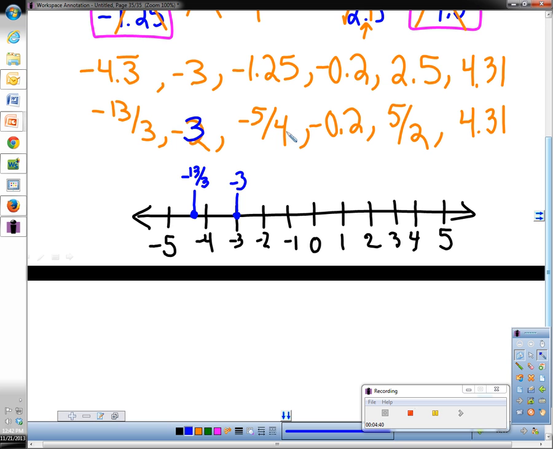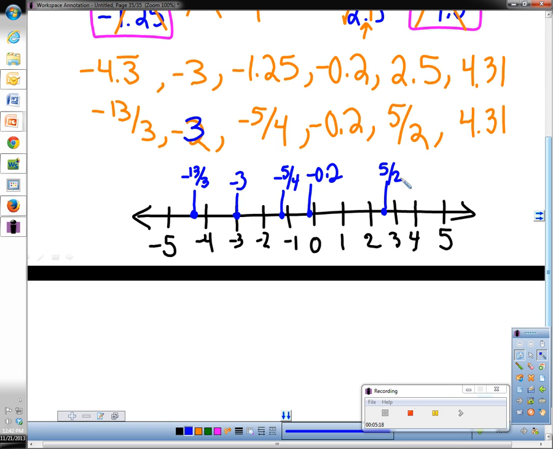-5/4 is -1.25. So I know it's between -1 and -2. Halfway would be here, and 0.25 is 1/4 of the way. So I'm going to label that -5/4. -0.2 is going to be between 0 and negative 1, closer to 0. 5 halves is 2.5, so halfway between 2 and 3.